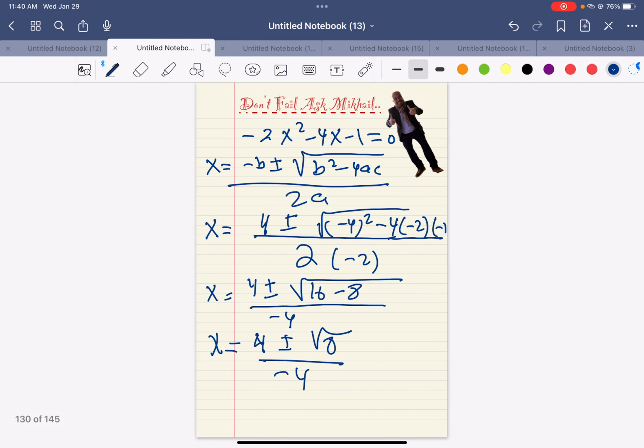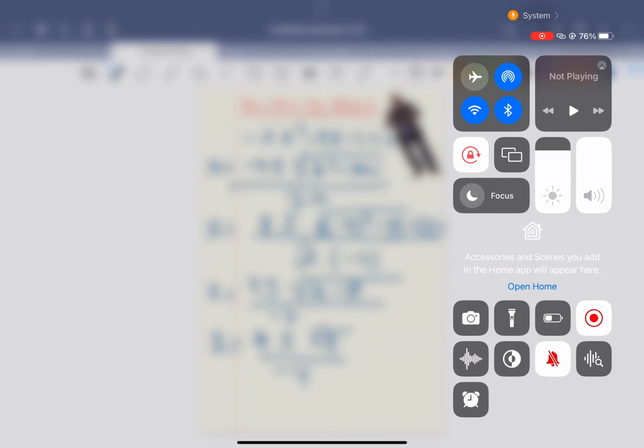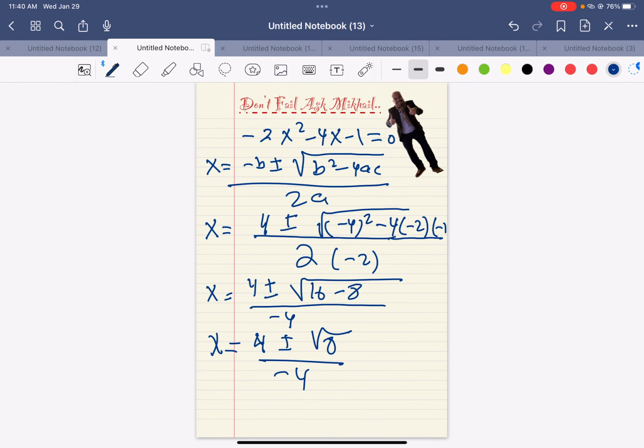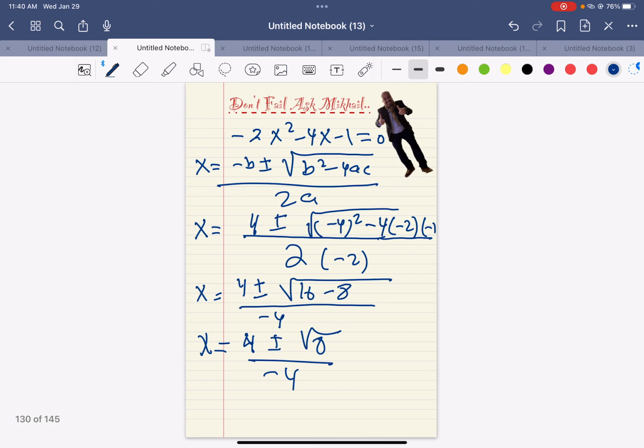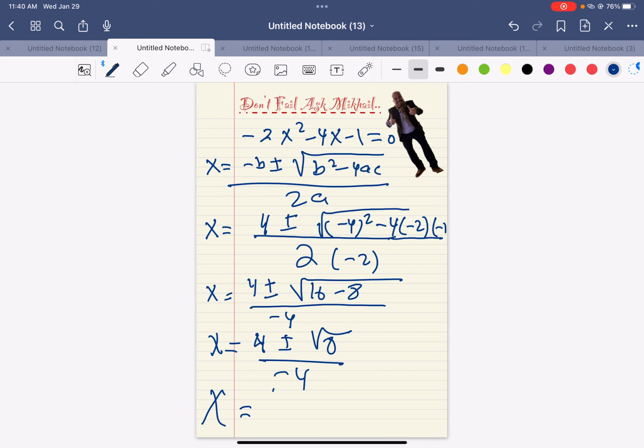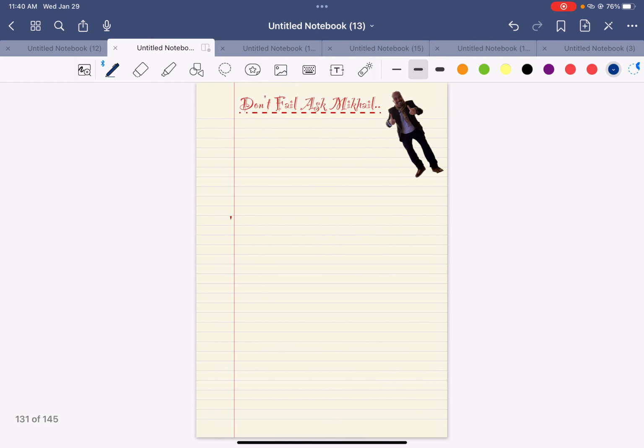If we grab the calculator to evaluate the square root of 8, we get 2.82. So x will equal 4 plus or minus 2.82 divided by negative 4.